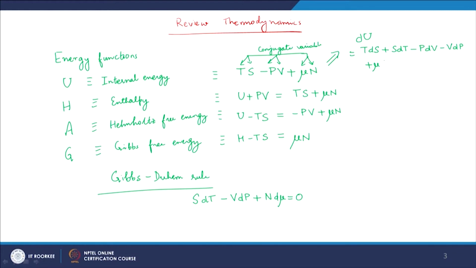Similarly, we have plus mu dn plus n d mu, that is equal to 0, and by using the Gibbs-Duhem rule, I can make certain cancellations here. So, S dT, V dP and n d mu cancel out, and we have T dS minus P dV plus mu dn, that is equal to dU.